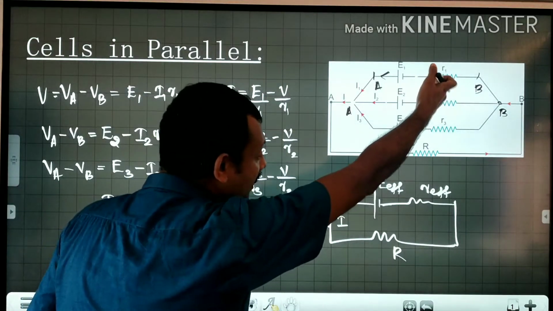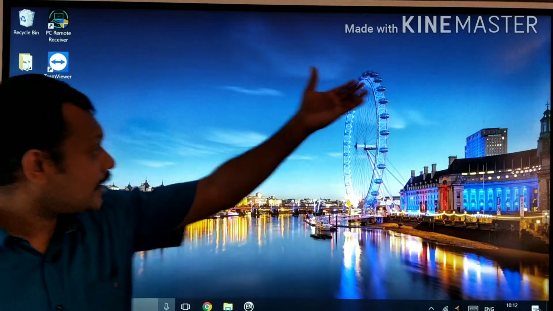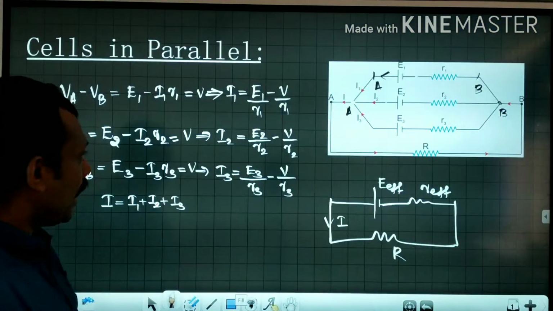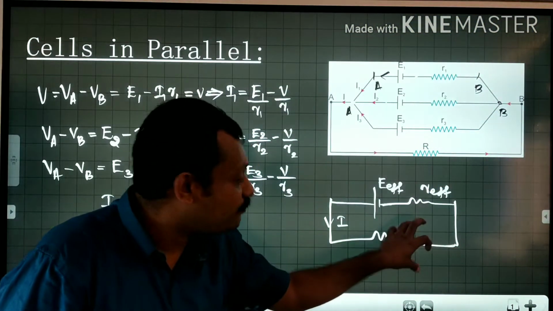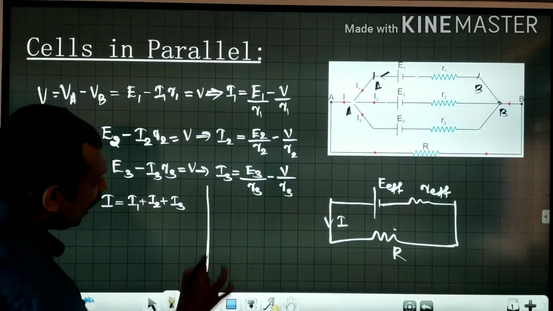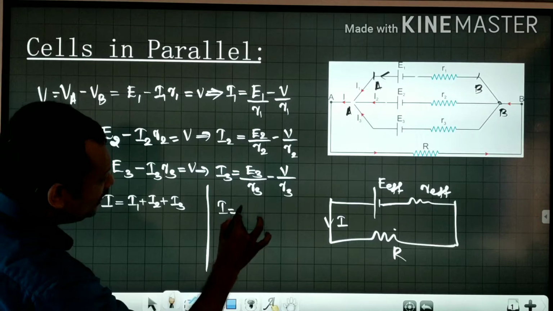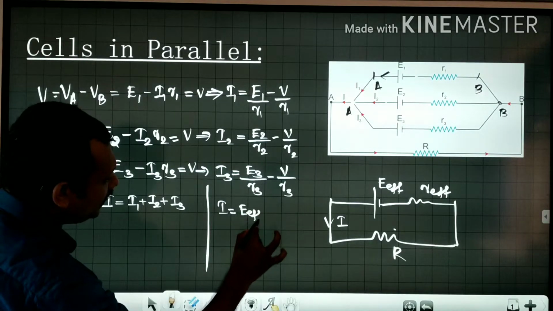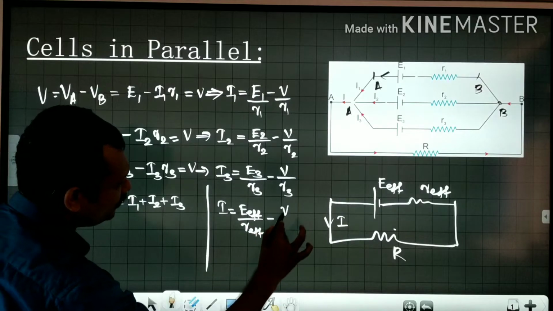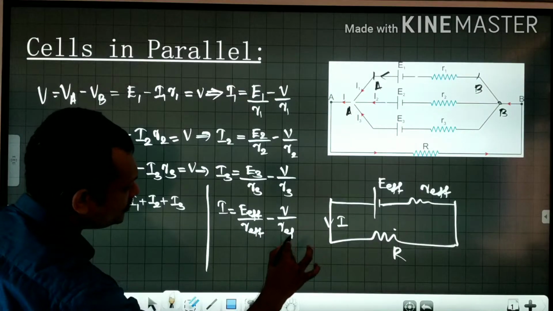I have reduced this circuit to this form, which means in a similar way I can write I is equal to E effective divided by R effective minus V divided by R effective, right?